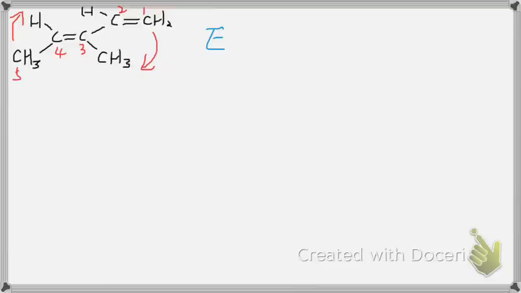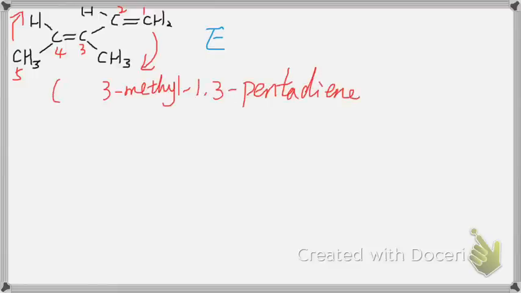So we will start to number the carbon chain from the right-hand side. The double bonds are on carbon 1 and carbon 3. Carbon 3 has a methyl group. So the name is 3-methyl-1,3-pentadiene.